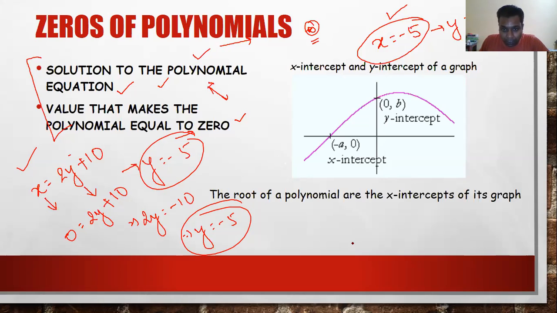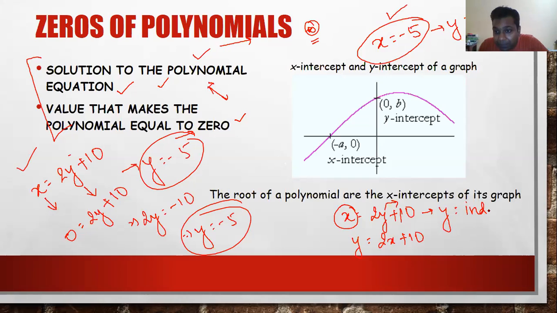Now when I write x equal to 2y plus 10, and y equal to 2x plus 10, in the first case your value of x depends upon the value of y. So in this case, y is your independent variable and x is your dependent variable.